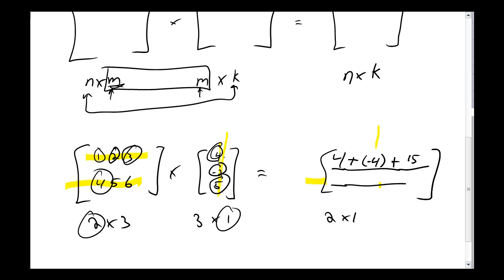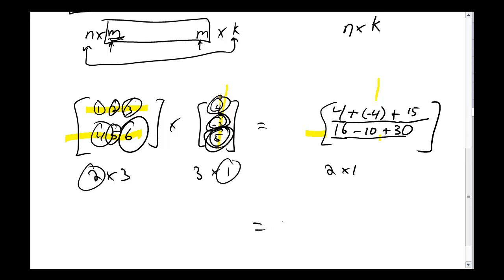I get 4 times 4, and this gives me 16. I get 5 times negative 2, and this gives me negative 10. And I get 6 times 5. This gives me plus 30.